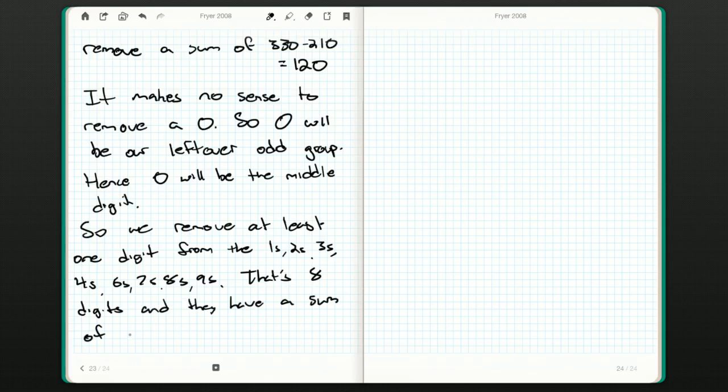And those digits have a sum of 1 plus 2 plus 3 plus 4 plus 6 plus 7 plus 8 plus 9. And that gives us 40.